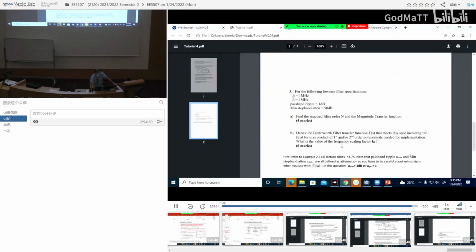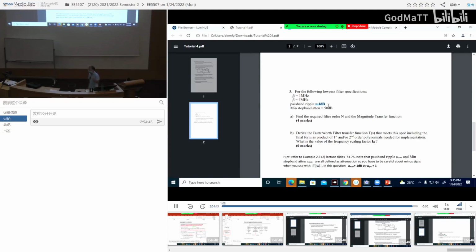And then the third question is on a filter. Here you can see straight away at omega P, the passband edge, the value is only 1 dB, so it's not a straightforward Butterworth.